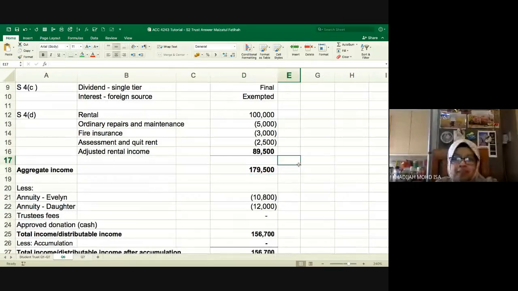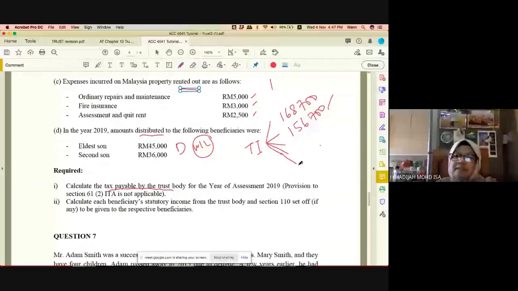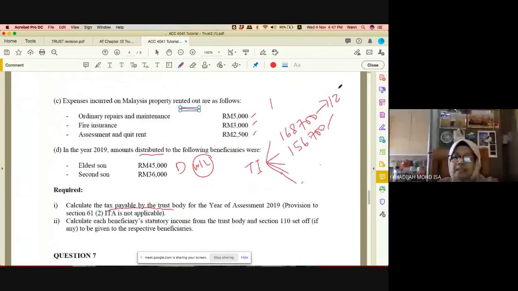It should be, yeah. So that your aggregate income minus annuity to the wife, annuity to the daughter. So the difference between the answer just now, I think that because you take the 12,000, you don't take out the 12,000 annuity. So that's why your total income is extra by 12,000 ringgit, right?